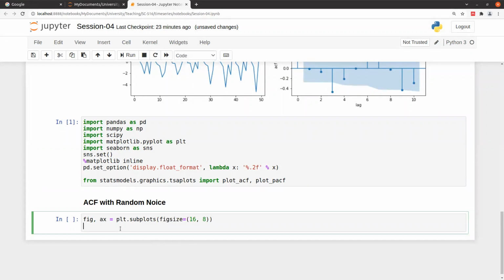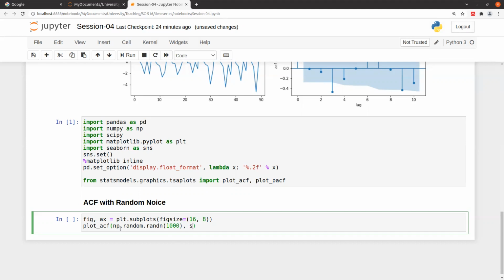Then I'm going to import plot_acf. What we are going to pass is random noise, so I'm calling numpy random with 1000 data points, in other words 1000 timestamps in the time series process.